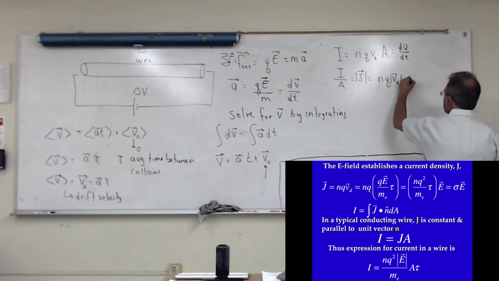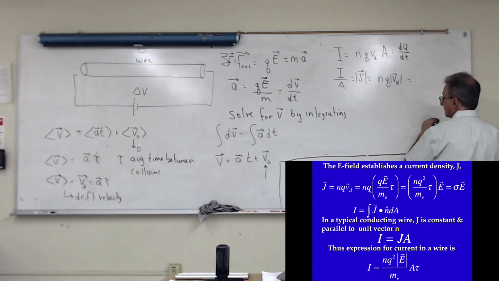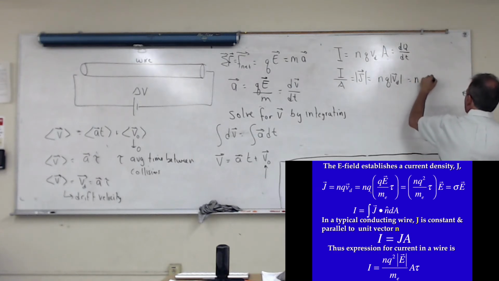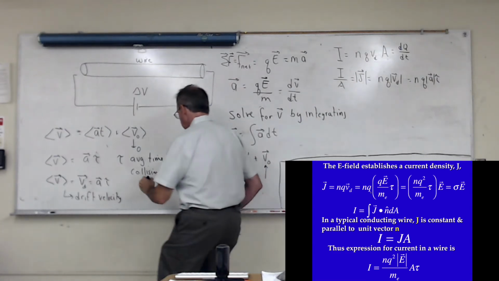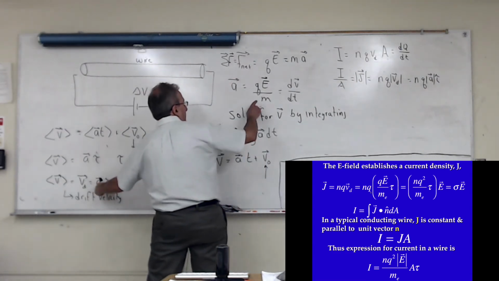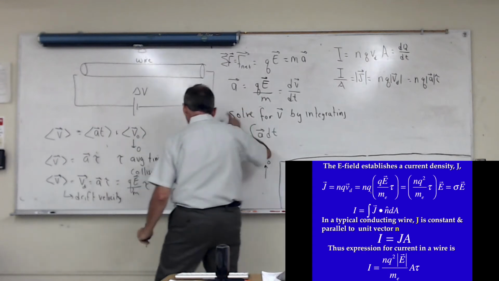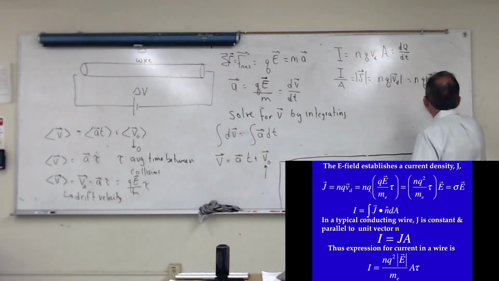Well, if I put in my expression for the drift velocity, then I'm going to get, but of course, this A here is QE over M. Okay, that A is QE over M, so I can put that also here.